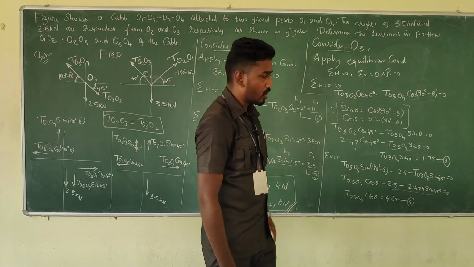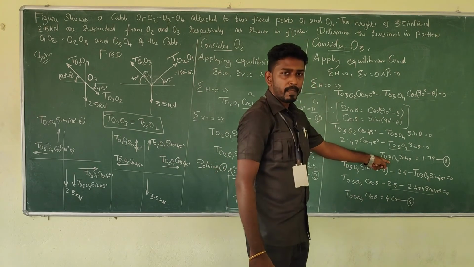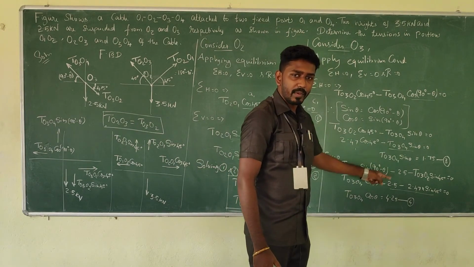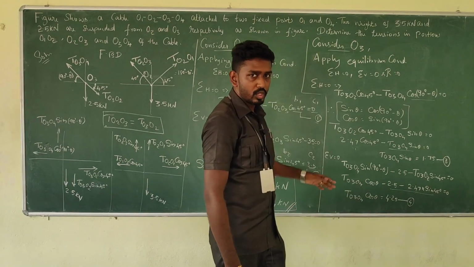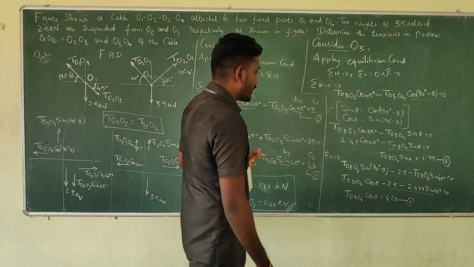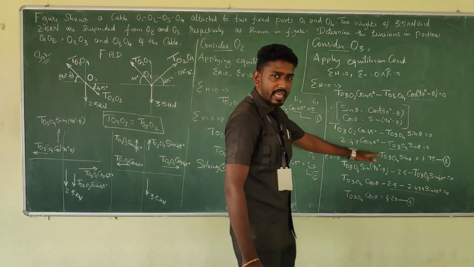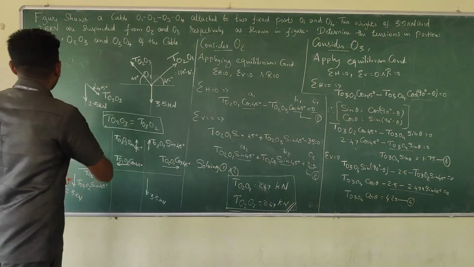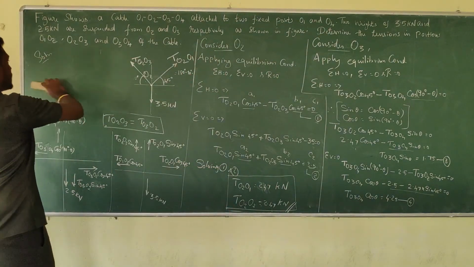Am I right? We know tan theta is equal to sine divided by cos theta. So in order to get the unknowns, I am going to divide equation number 3 by equation 4.